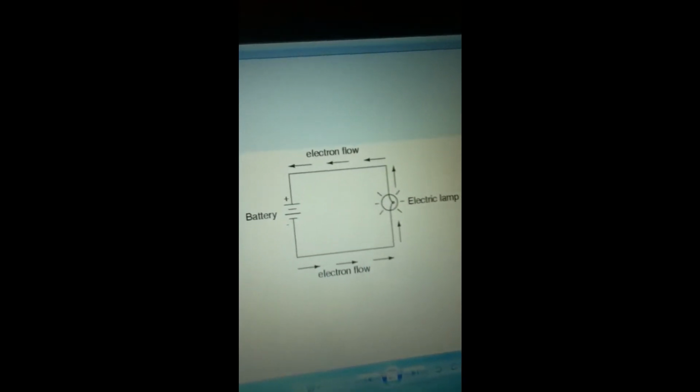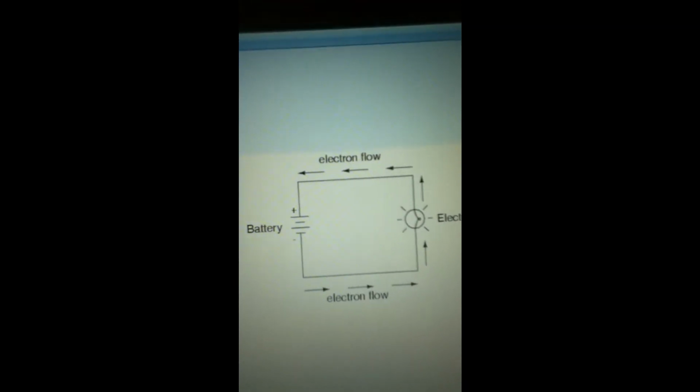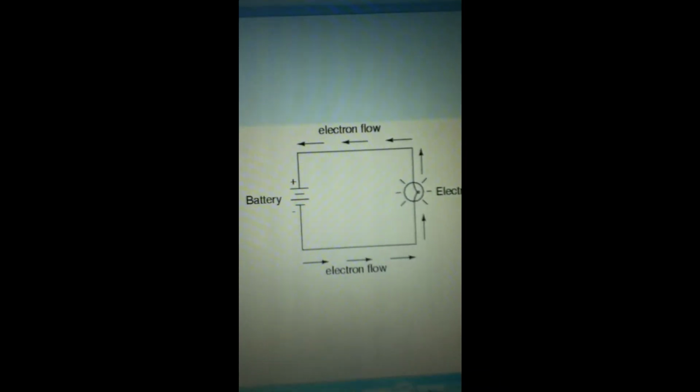Because of the flow of electrons, the lamp lights up, and the electrons flow through the circuit continuously.